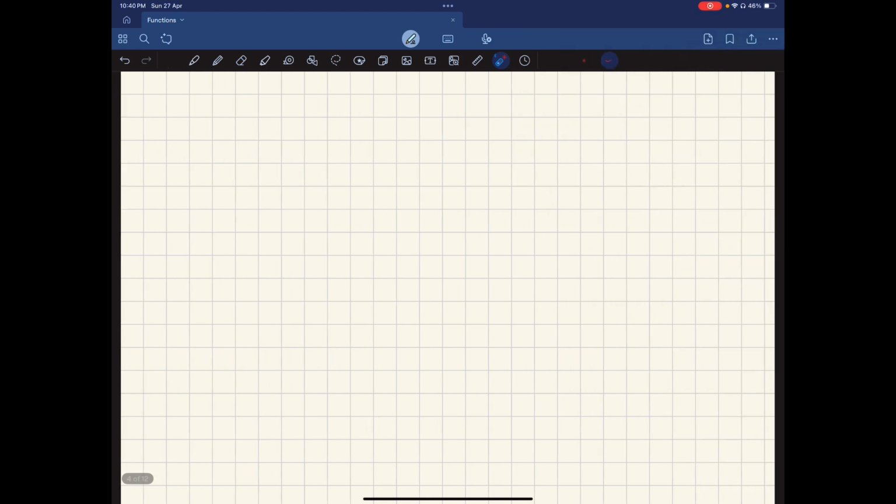Okay, what is a function? A function is an operation or a set of values. So let's write it down. Function.